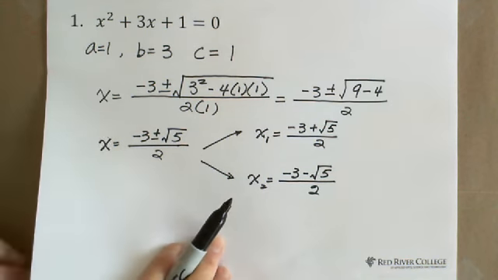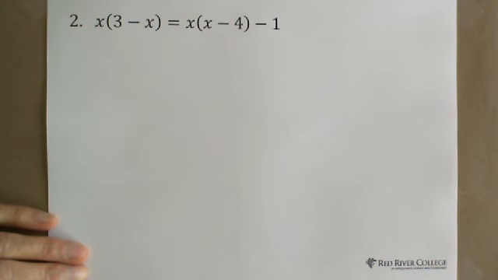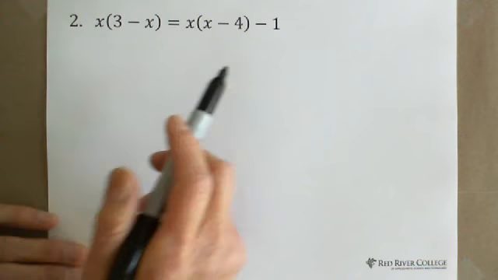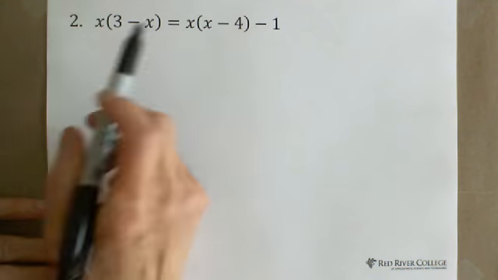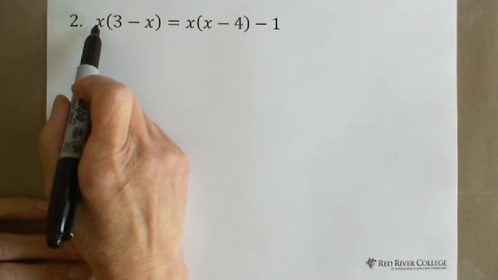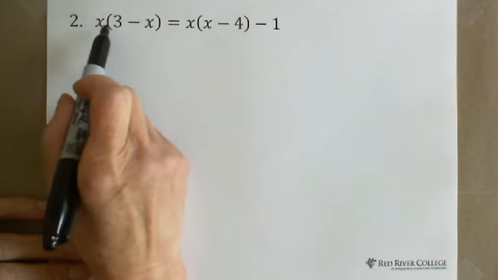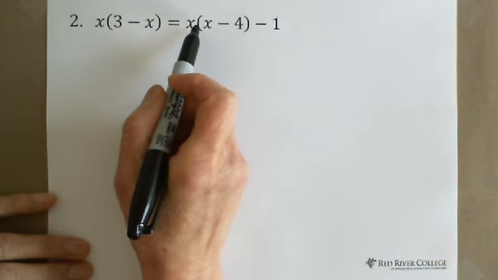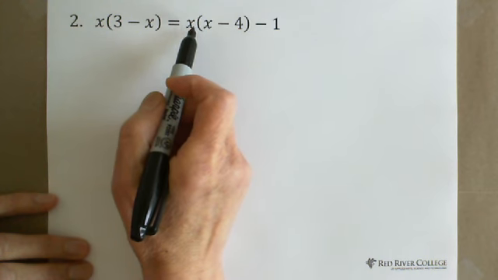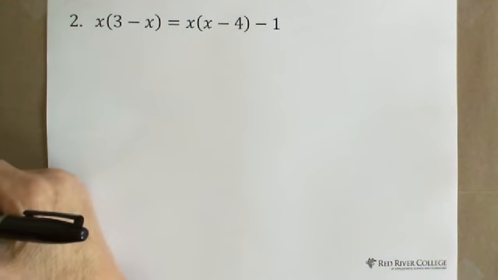Second example: if the given equation is not in standard form yet, you need to simplify to standard form. How do you know this is a quadratic equation? Because you can see x times x, which makes a square. As long as the equation has the higher exponent x squared, that's a quadratic equation.